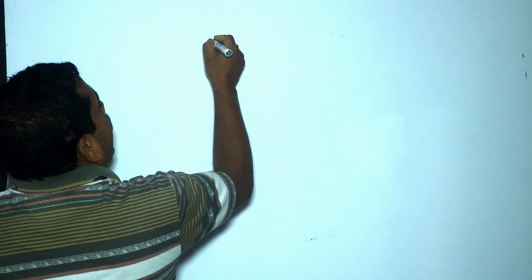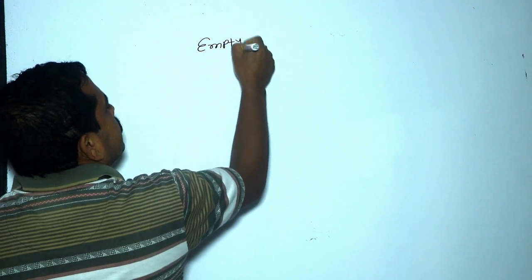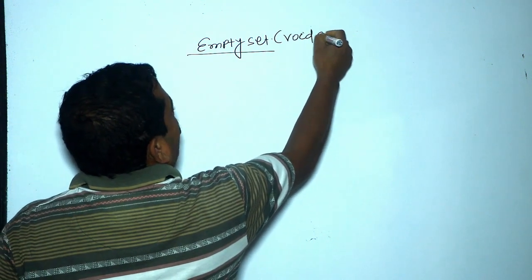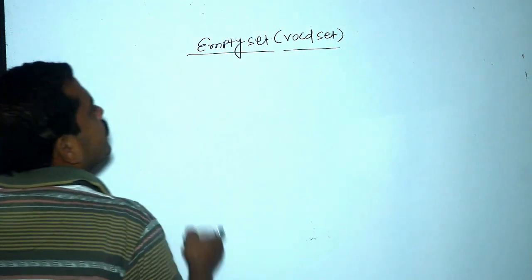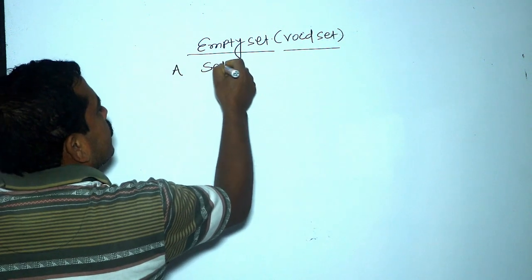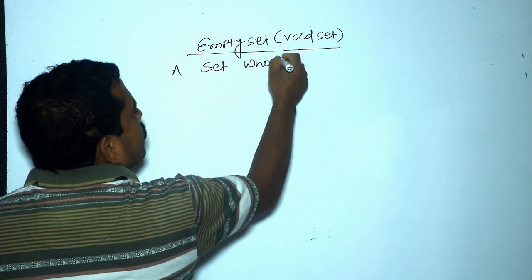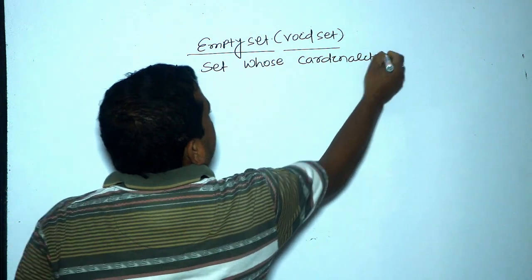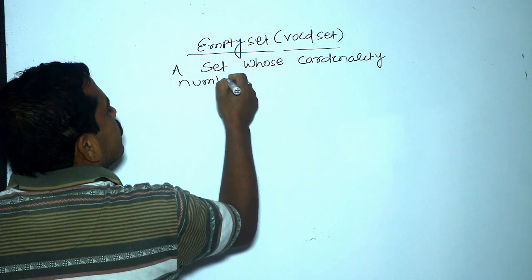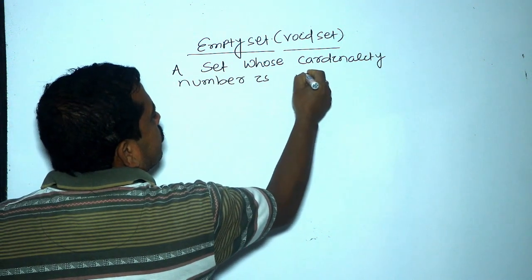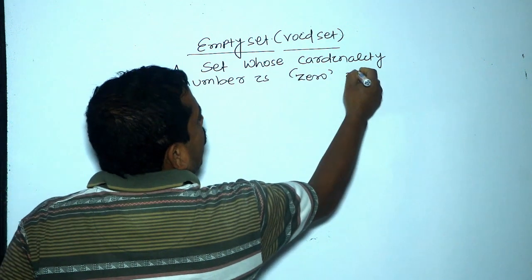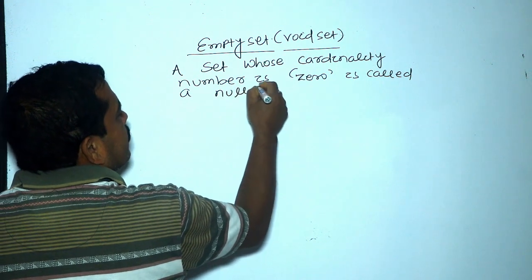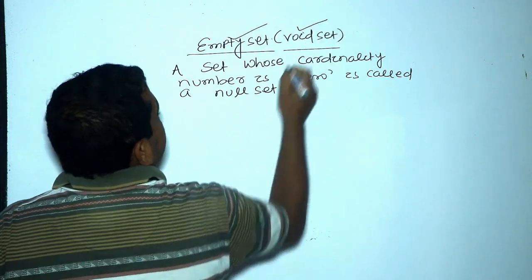Next, empty set or void set. A set whose cardinality number is 0 is called a null set or void set or empty set.